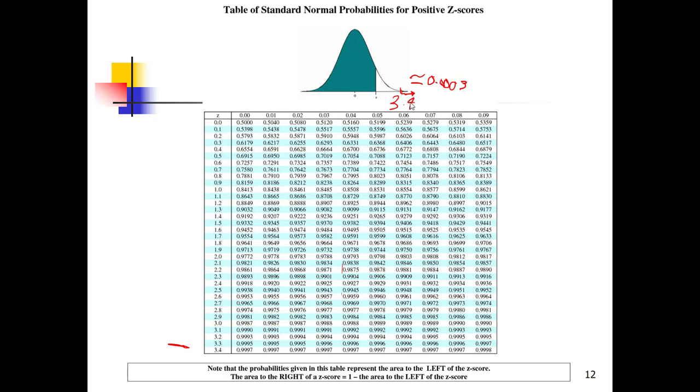So the area on the right of the z is very, very small. This is for z of 3.4, while the z that I have is 55. So it can be somewhere far here, and the area is almost 0, and is even less than this value.